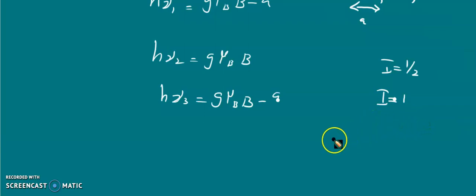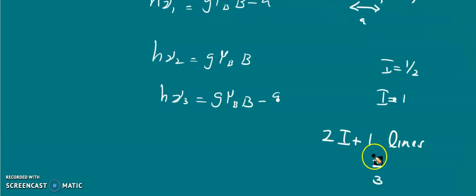So for a particular value of I, there are 2I plus 1 lines. When I equal to half, 2 into half plus 1, that is 2 lines are there. When I equal to 1, 2 into 1 plus 1, 3 lines are there.